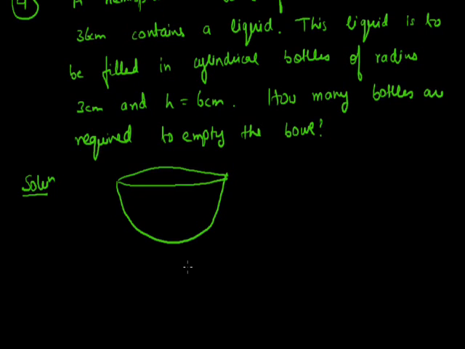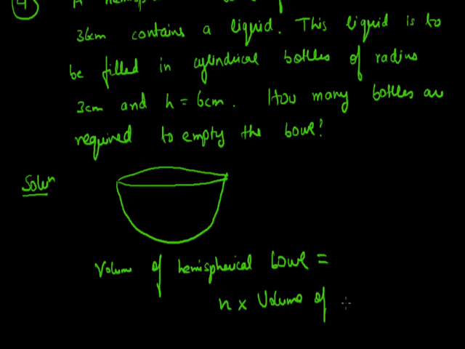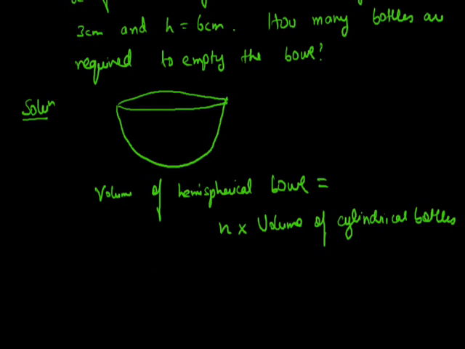So the volume of the hemispherical bowl will be equal to n, let's say n is the number of cylindrical bottles required, into the volume of one cylindrical bottle. Now we'll see the volume of the cylindrical bottles and the bowl.